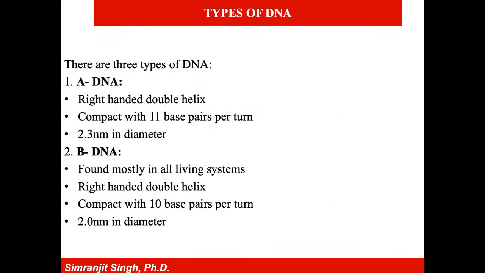So there are three types of DNA: A-DNA, B-DNA and Z-DNA. A-DNA is a right-handed helix, and B-DNA is also a right-handed helix. A-DNA has 11 base pairs per turn, whereas B-DNA has 10 base pairs per turn. A-DNA is around 2.3 nanometers in diameter, and B-DNA is 2.09 in diameter.